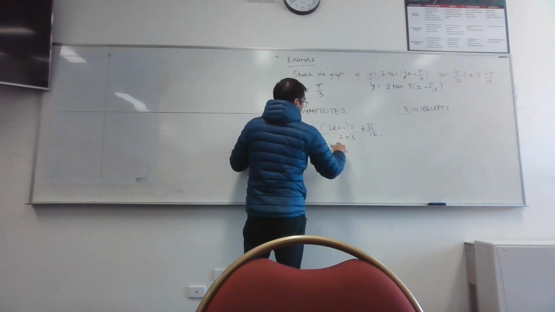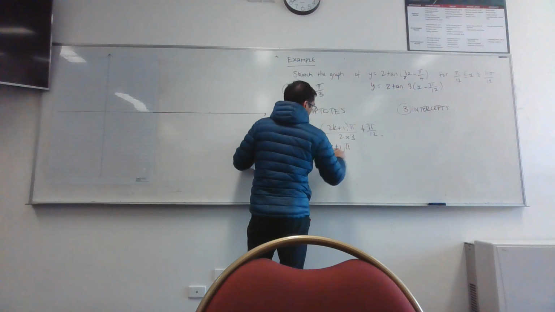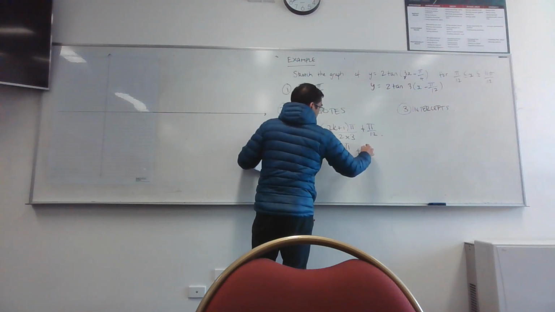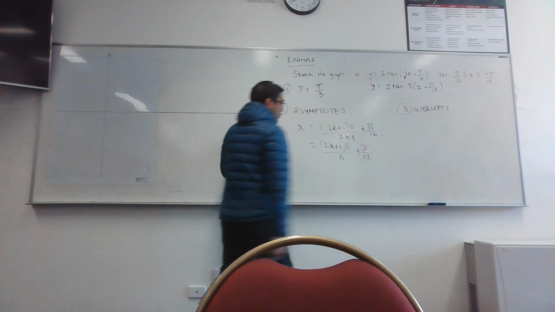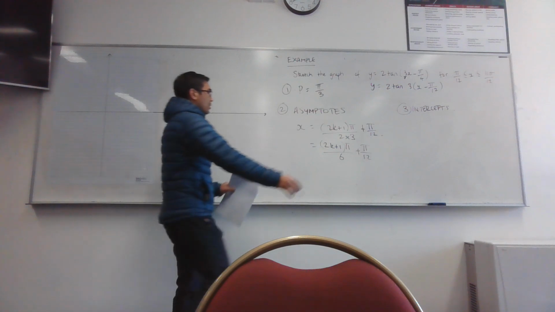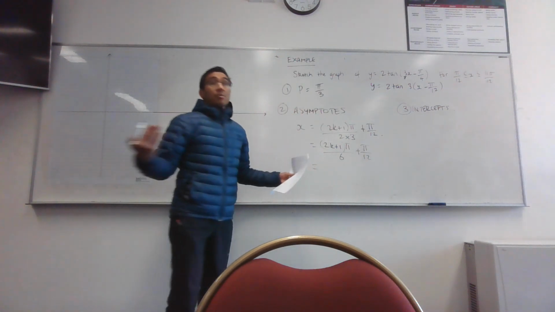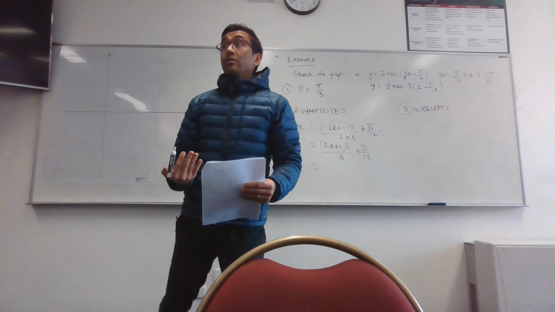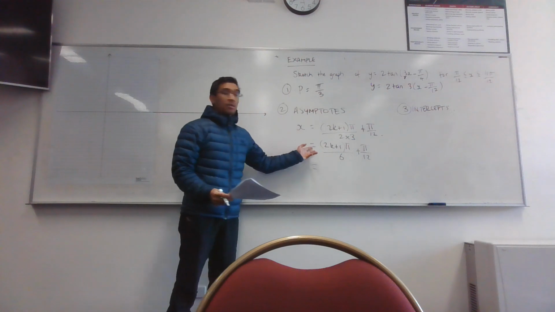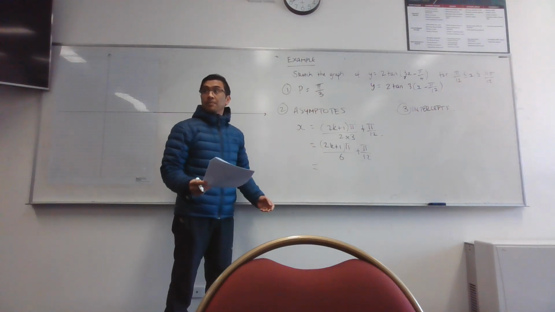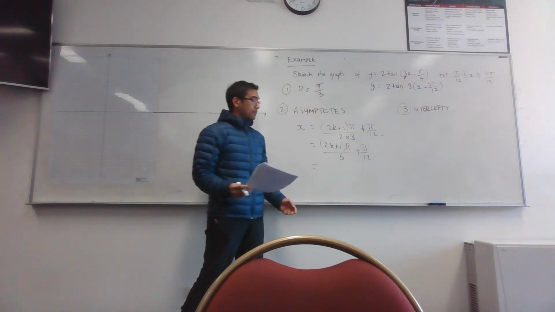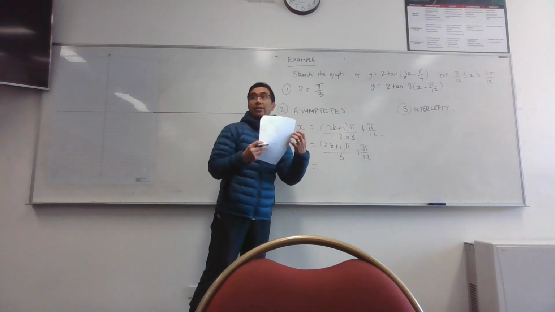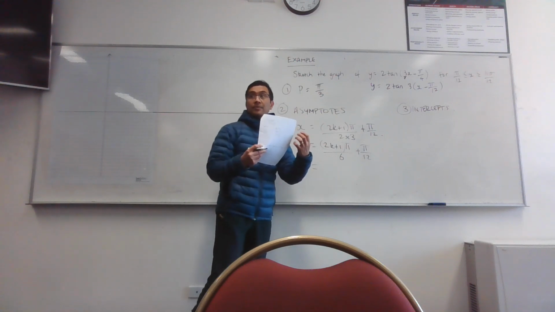So if we keep going further, we have that. How do I combine these two together? What do I need to do, Zach, to this? I want to join these fractions together. We need the same number on the bottom.